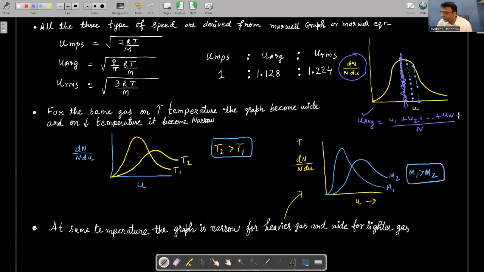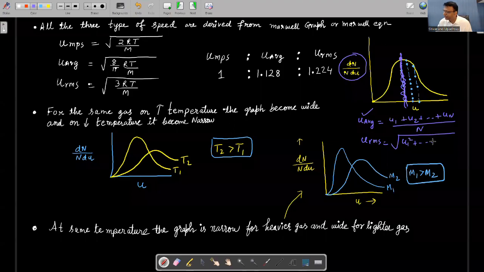Logically, they should give a large number of particles, then only it is valid. They just want to know the meaning of average speed. In the same way, for URMS, mathematically we write it as the square root of u1 square plus and so on up to un square, divided by the number of particles. So u average is under root 8 upon pi RT by m, and URMS is equal to under root 3RT by m.